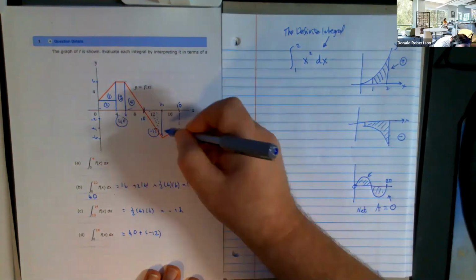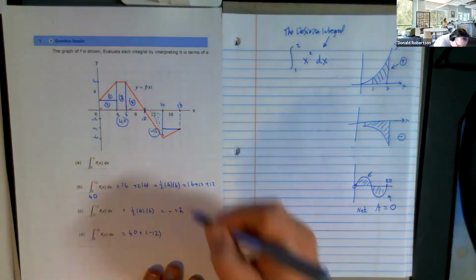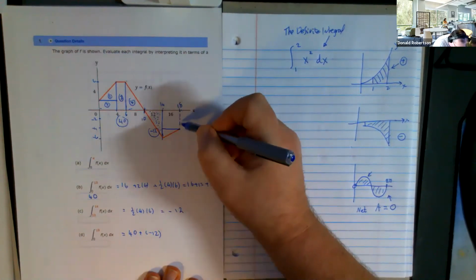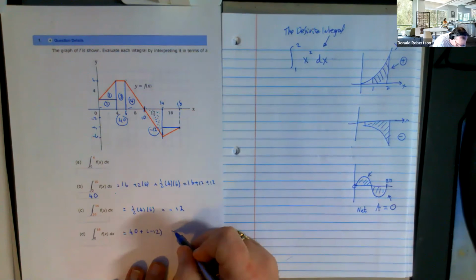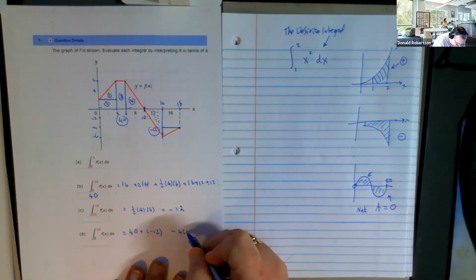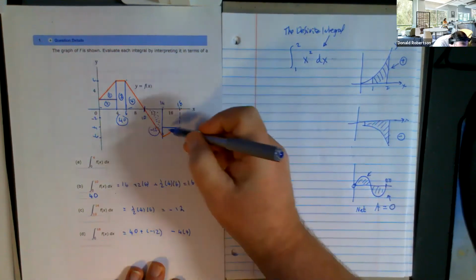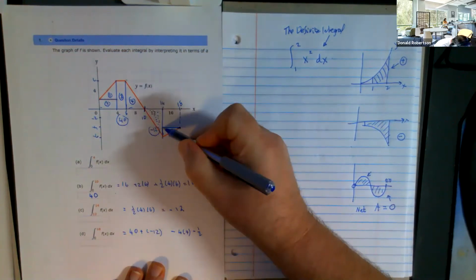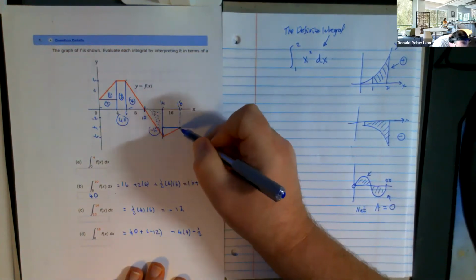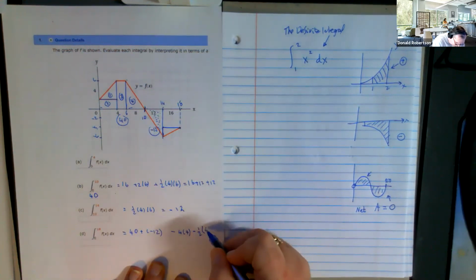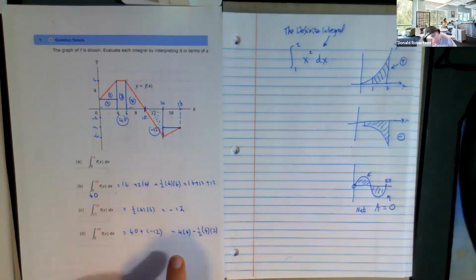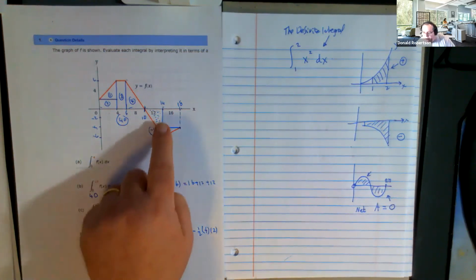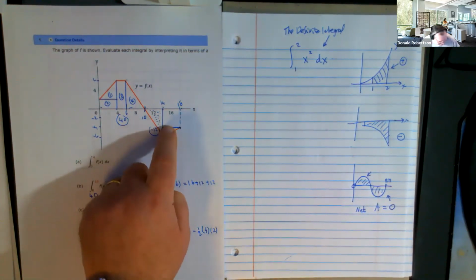I would probably split it like that. And that's going to be 4 times 4. And a little triangle, 1/2 of 4 times 2. Have you noticed that I put the negatives here to represent that these are negative net areas?